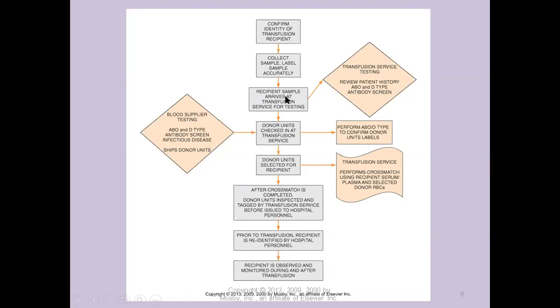Okay, so donor units come into the hospital usually from a blood donor center like the Red Cross. We'll be talking a lot more about how this inventory is managed a little bit later.